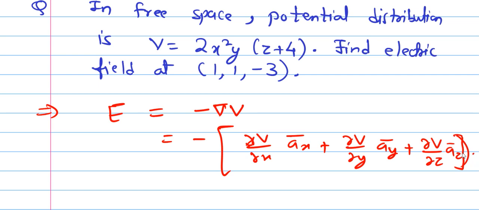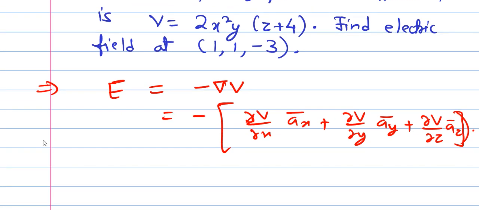Let's calculate ∂V/∂x, and since the point is given, we can calculate at that point also. V is given, so just differentiate by treating y and z as constant, taking the derivative of only the x terms. This will be 4xyz plus 4.